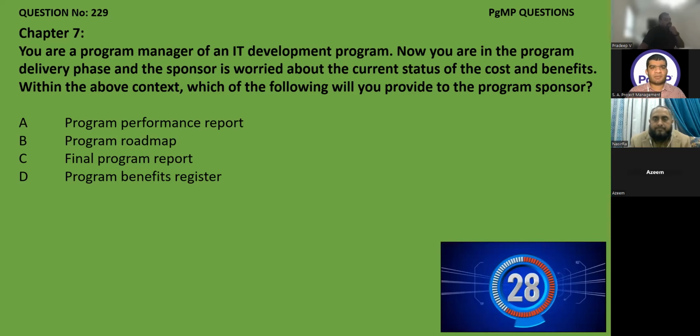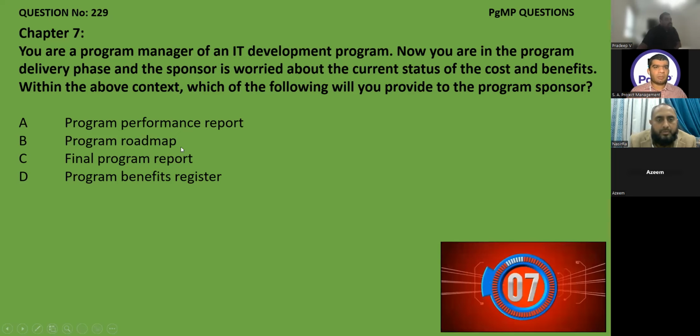Within the above context, which of the following will you provide to the customer, to the sponsor? Now you are in the program delivery phase. Okay, it means he can talk about the components. And the sponsor is worried about the current status of the cost and benefits. What document will you provide? Program performance report is possible. Program roadmap will not help. Program roadmap would be the answer if he would have asked.